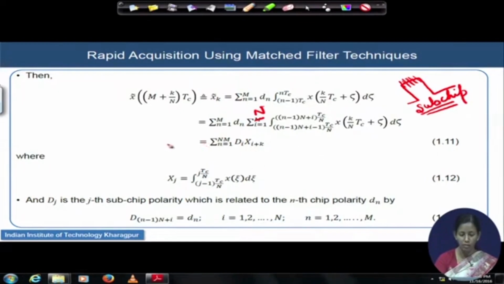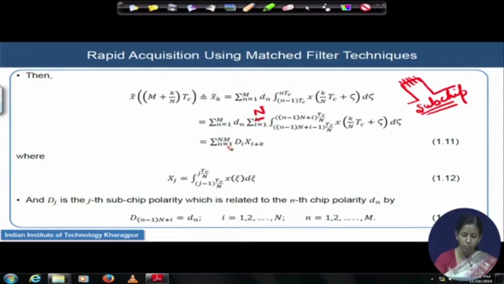So this equation we are ending up with says that the sampled output of the match filter will be governed by this. Remember, this d is nothing but the summation of dn, and a double summation is coming up for the i also. Over the i, if I consider n moving from 1 to M and the subchip running from 1 to capital N, then if I transfer everything in terms of the subchips, totally the subchips are running over a duration of capital N into capital M subchip time period.